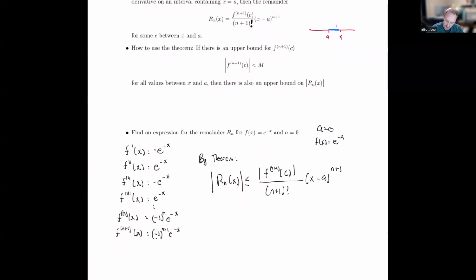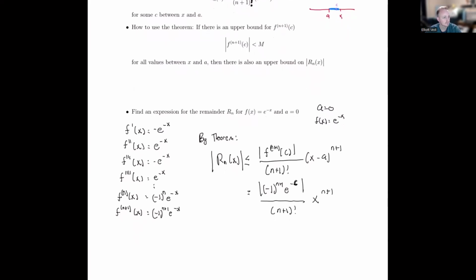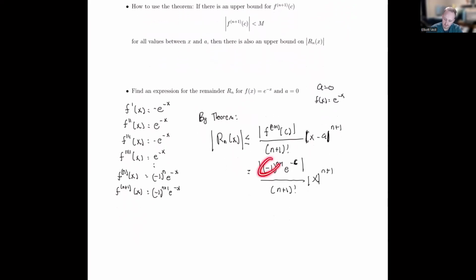Would I know what my n plus 1th derivative is? It is negative 1 to the n plus 1 e to the negative c, because we're plugging in c here, over n plus 1 factorial. And I know what my a is in this case, so it's just going to be x to the n plus 1 here. Still absolute values for everything as well. Well, because we're doing absolute values, I can maybe get rid of this.